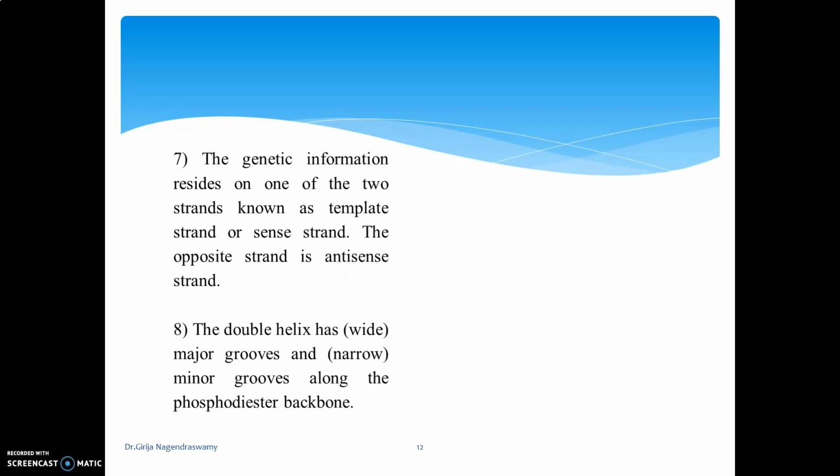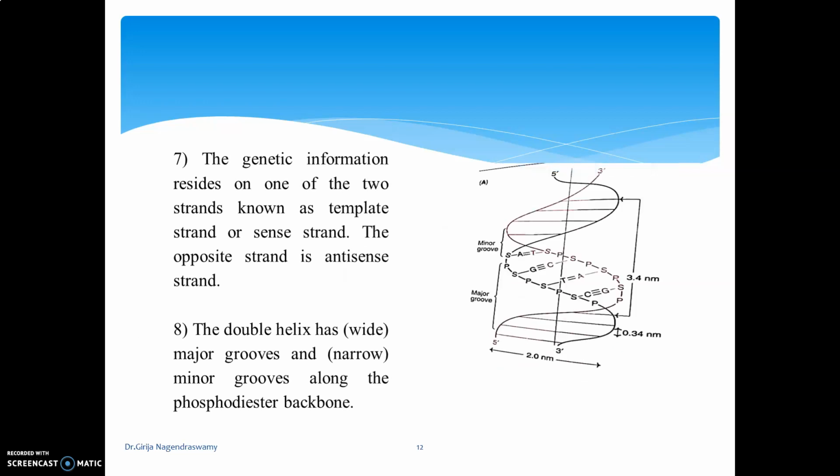The genetic information resides on one of the two strands known as template strand or sense strand. The opposite strand is antisense strand. The double helix has major grooves and minor grooves along the phosphodiester backbone. Major groove and minor groove.